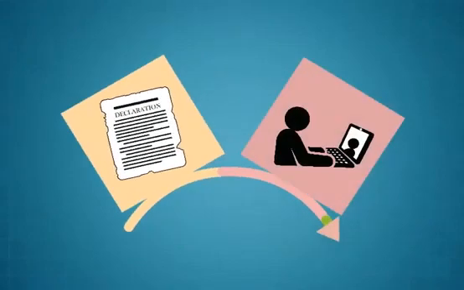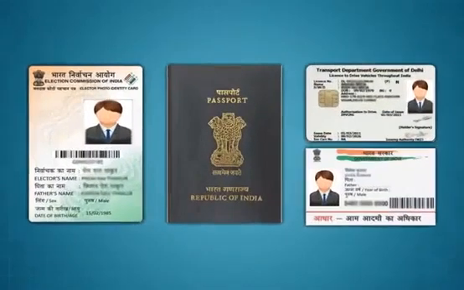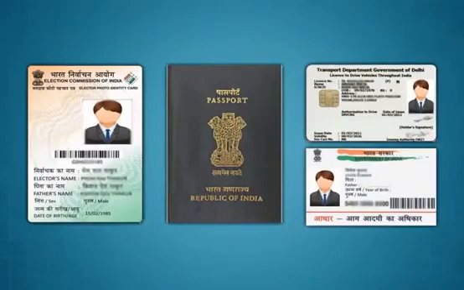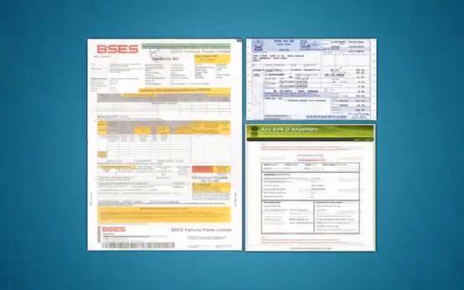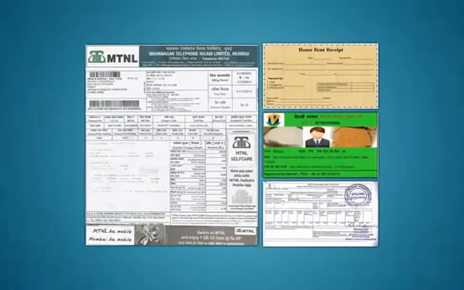The photograph of the applicant will be captured through web camera at the time of submission of application or at the time of verification. The photograph of the applicant should match with the photo of the applicant on the Aadhaar. Any of your present residential proof document as mentioned earlier. Proof of date of birth like birth certificate, school certificate or passport.